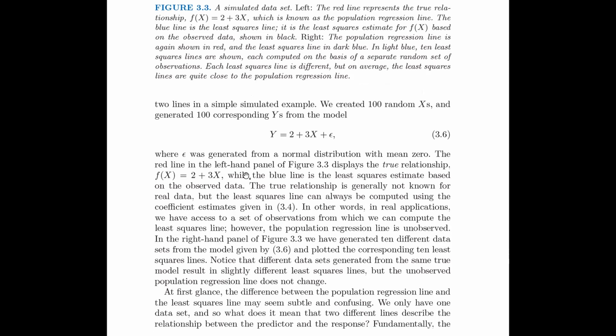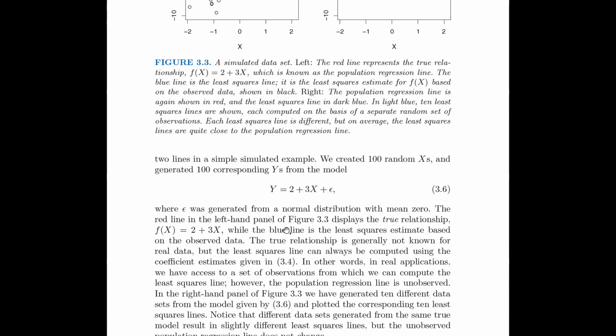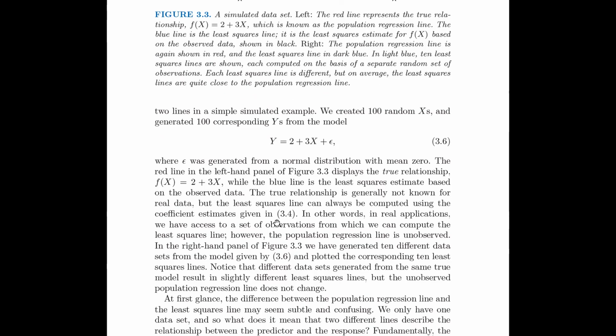The red line in the left-hand panel is the true relationship. The blue is the fitted relationship. The true relationship is generally not known. That's the whole point of modeling in the first place for real data. If you knew it, then there's no statistical learning to apply.